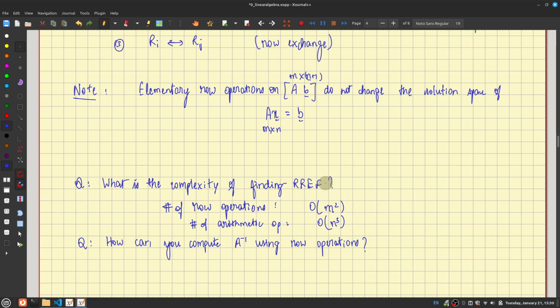n cube. How many arithmetic operations are required to do one row operation? So I mean, take one row operation. So you agree that the number of row operations is order n square.